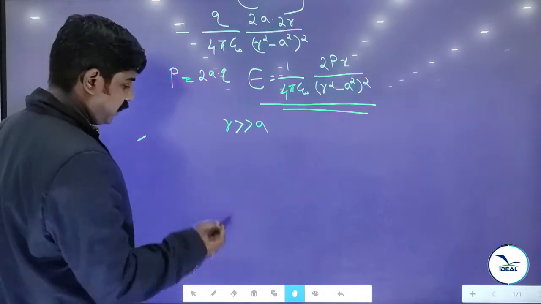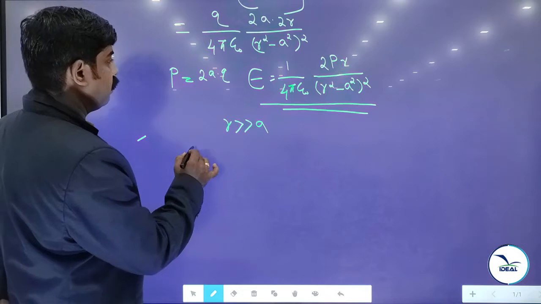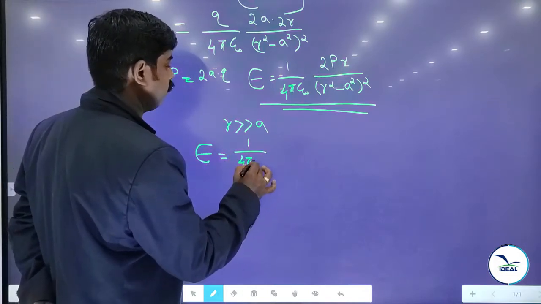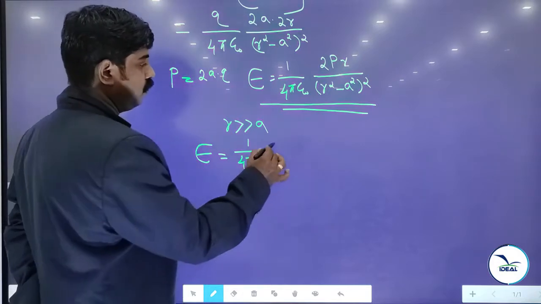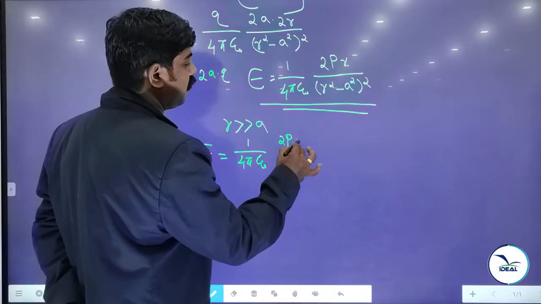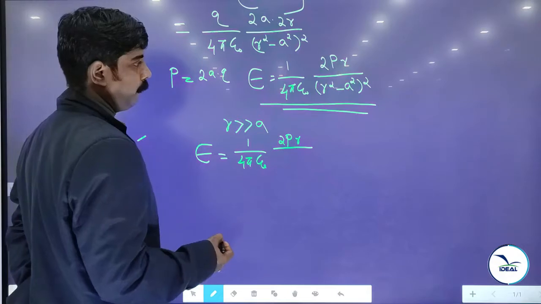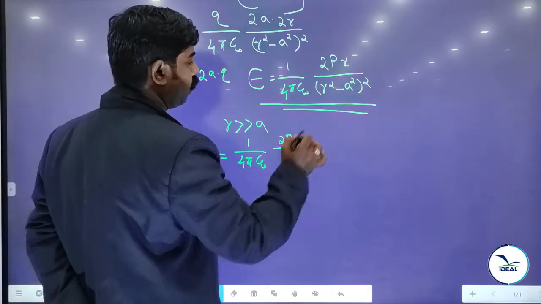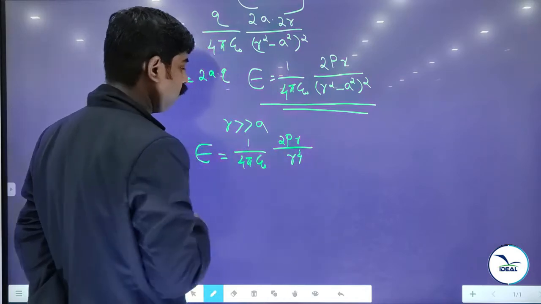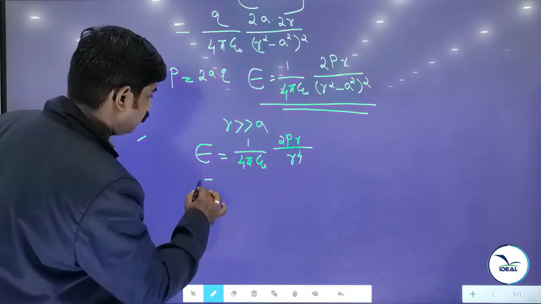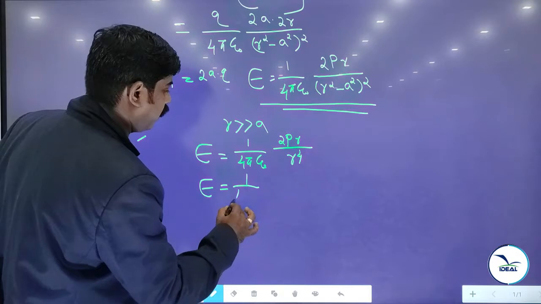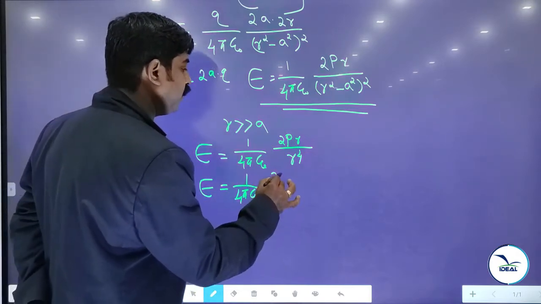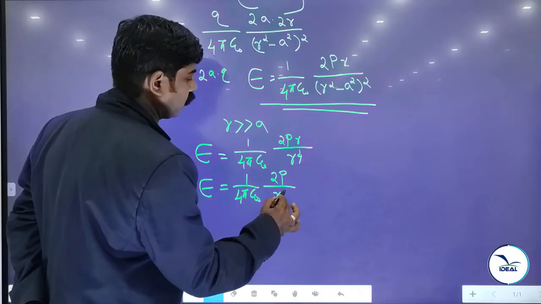So this equation becomes E is equal to 1 by 4 pi epsilon 0, 2pr by, we are neglecting this a, so we will get r square the whole square, then it is r raised to 4. Therefore E is equal to 1 by 4 pi epsilon 0, 2p by r cube.